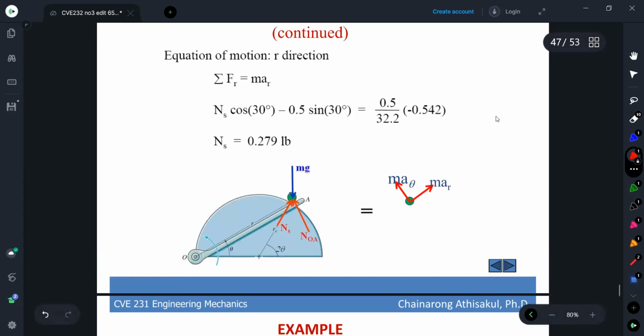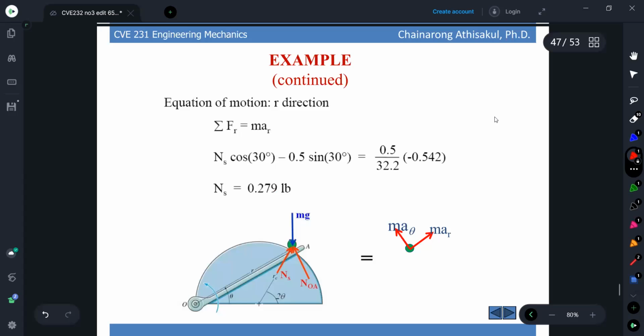And then from the equation of motion, when we consider the summation of force in the r direction equal to m a r, we decompose the force. This is the r direction. This is Ns, and this is angle theta.